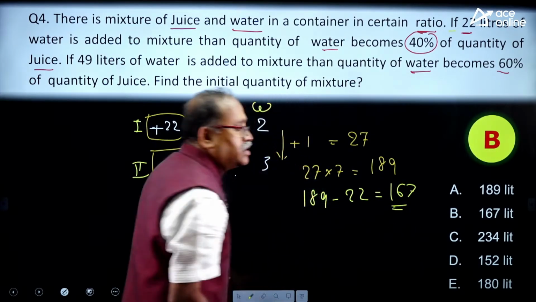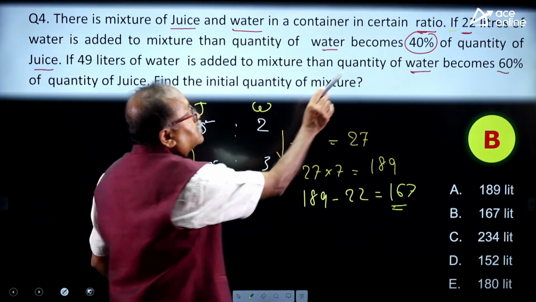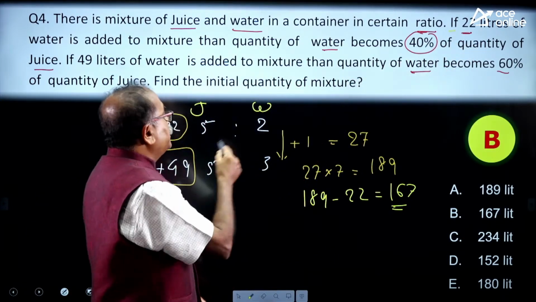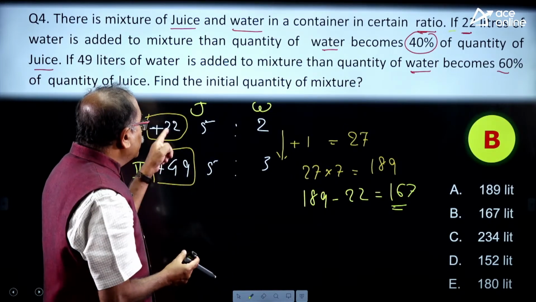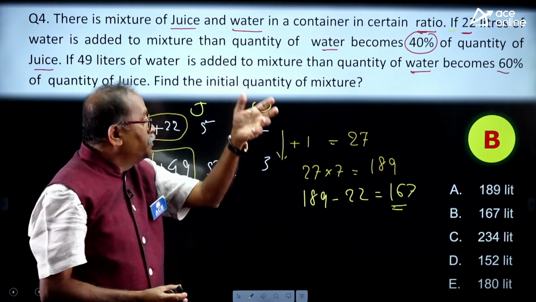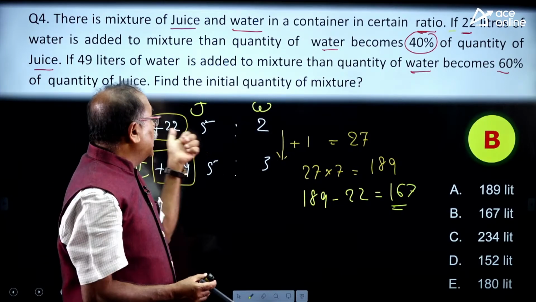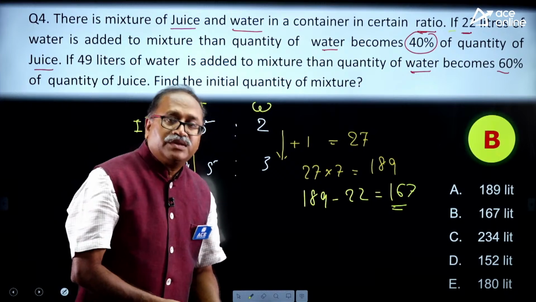That should be your answer, option choice B. Because it's a condition. If 22 liters is added, then it happens. So when I worked this out, that is after adding 22 liters. But if I have to find the initial quantity, then out of 7 parts, I have to take out 22 liters of water. Okay, my dear friends, well done.